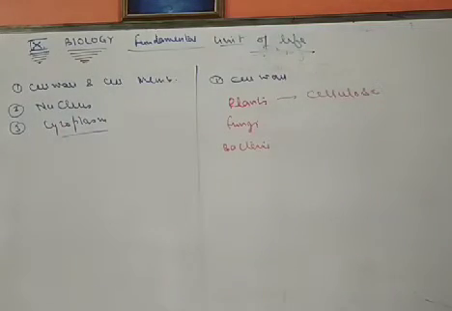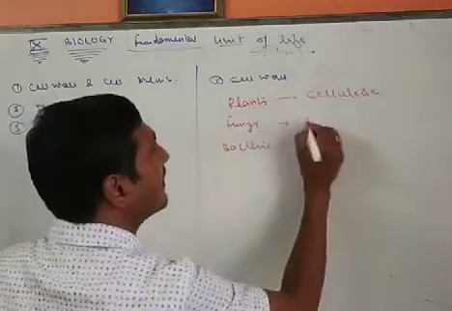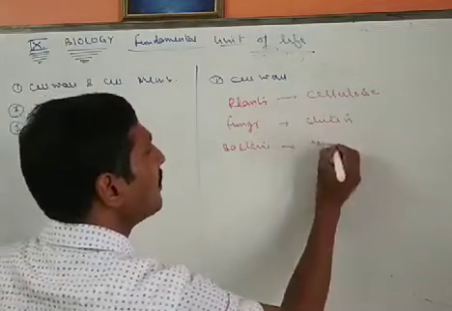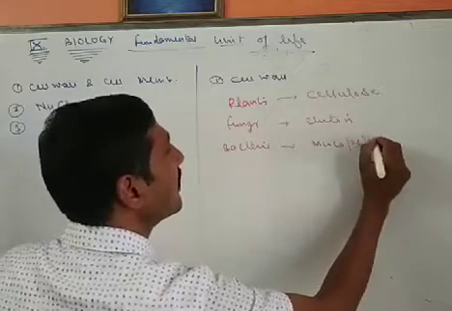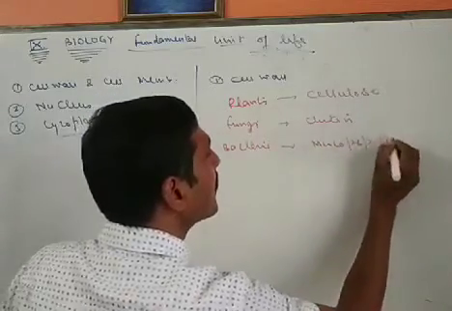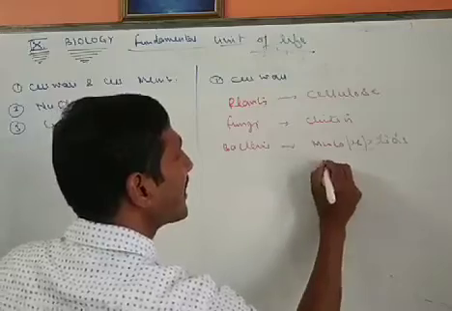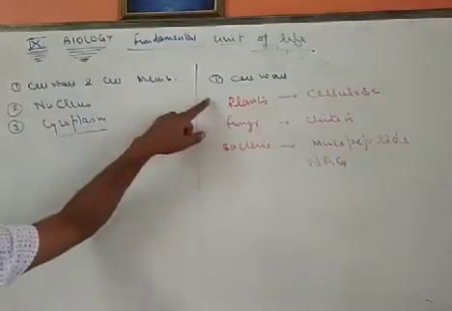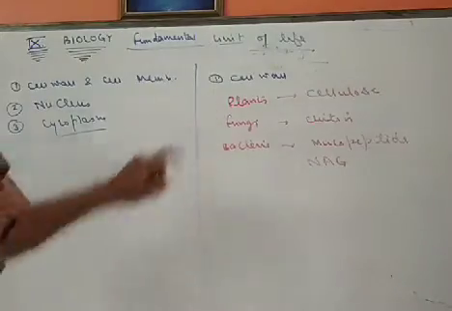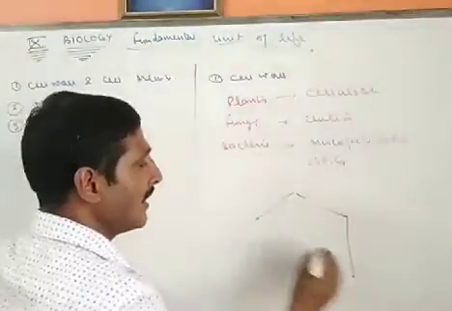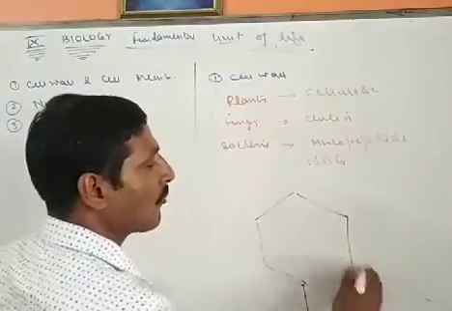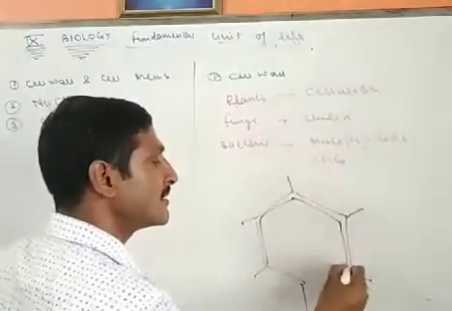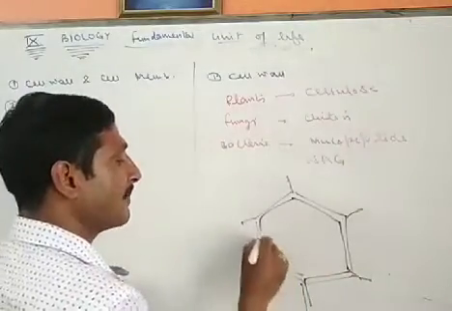In case of fungi, it is made up of chitin, and in case of bacteria, it is made up of mucopeptides or N-acetyl glucosamine. So cell wall is the outermost thick covering of a plant cell. If we observe the plant cell, we find the outermost thick dead covering of cellulose in plants.